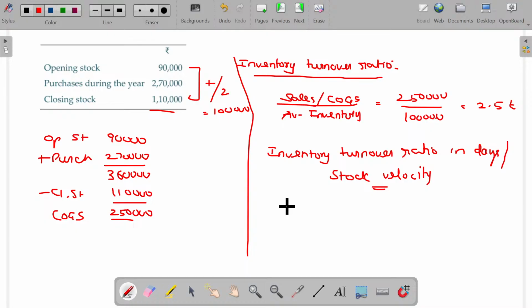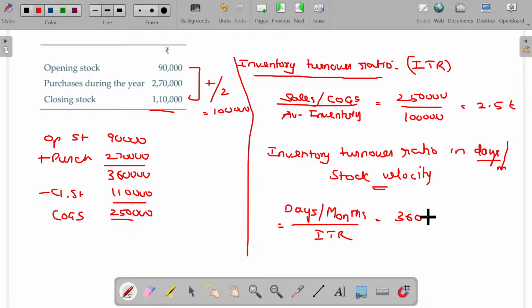The formula in this case is days or months divided by inventory turnover ratio, ITR. A year has 360 days; you can take either 365 or 360. 360 has more factors, so it's better to take 360 here, but it's your choice. In text I use 365, divided by 2.5, is 146 days. What does it mean?